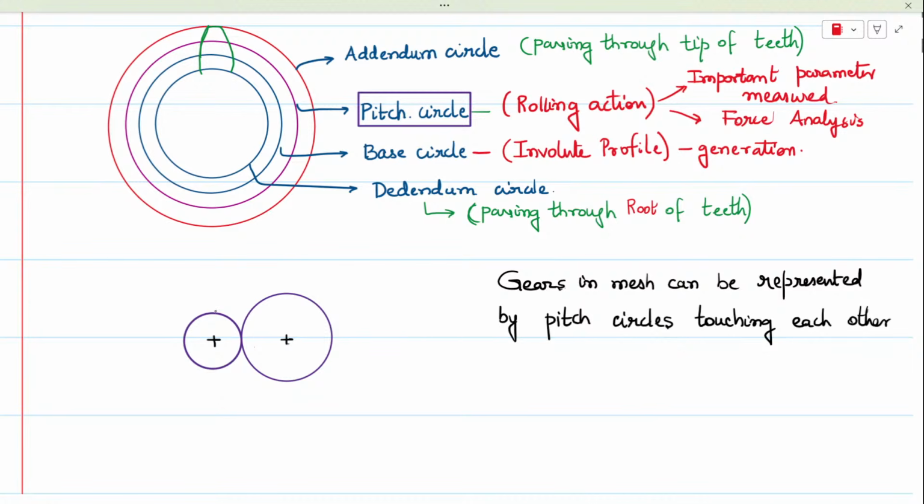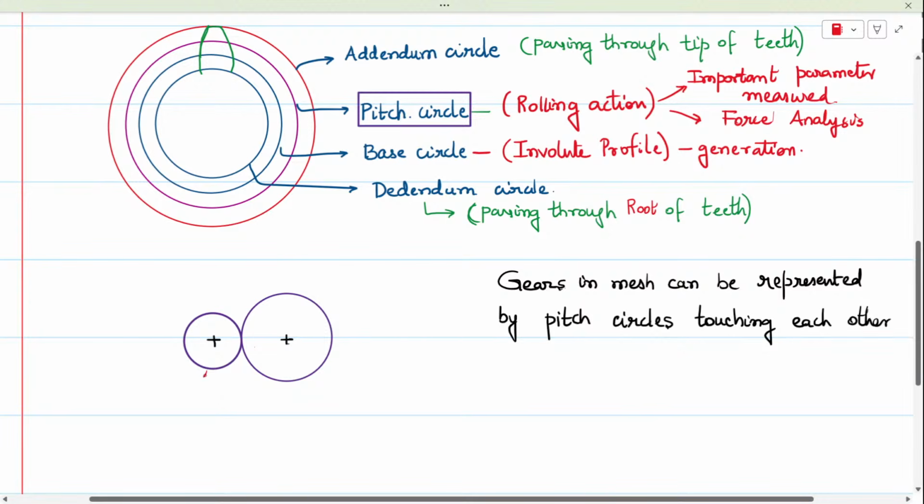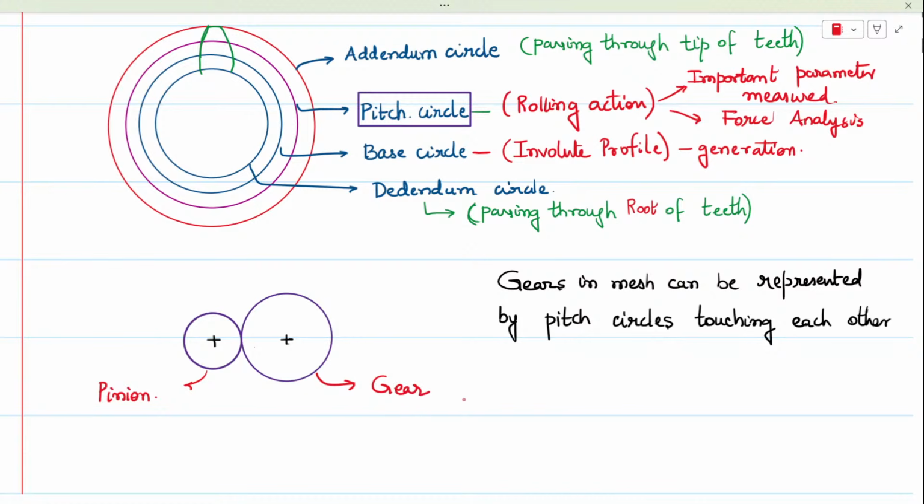Okay. So the smaller one is called the pinion, and the bigger one is called the gear. Pinion is generally preferred as input element or input link, and gear is generally preferred as output element or output link. The reason is that pinion is smaller in size, so the inertia of pinion will be less.